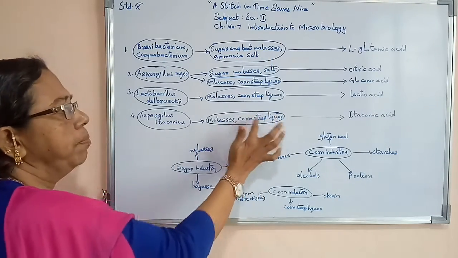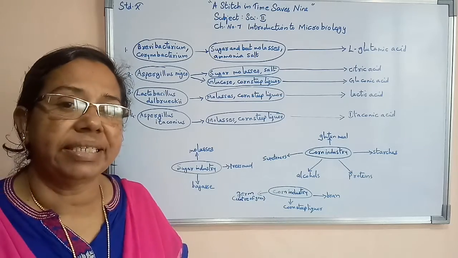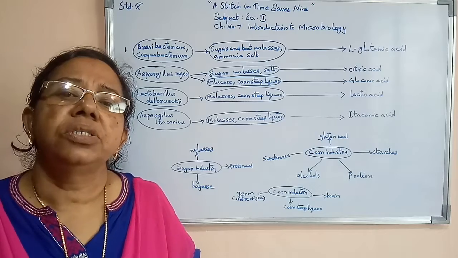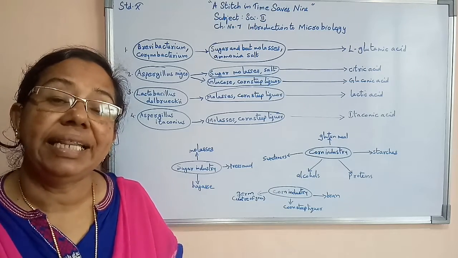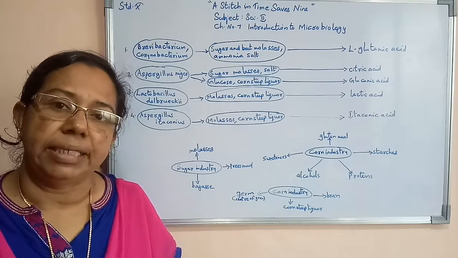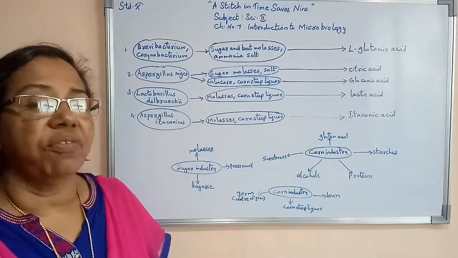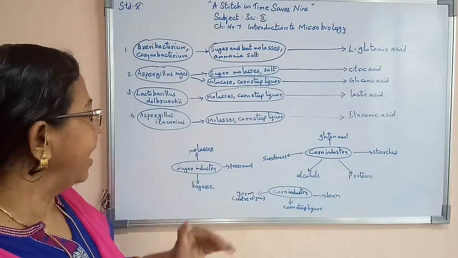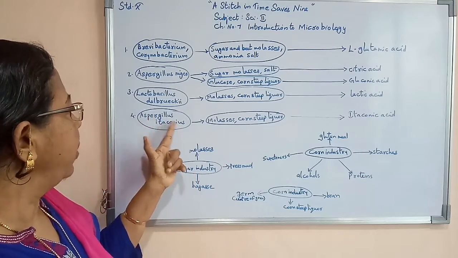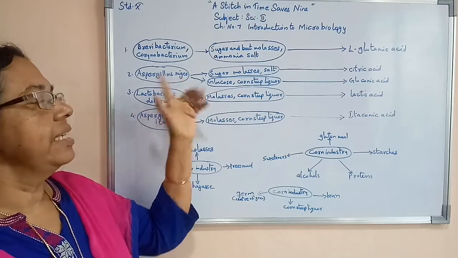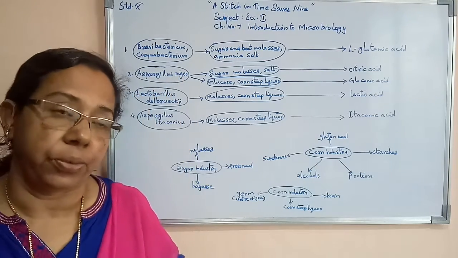It is a byproduct, the waste matter obtained in the sugar industry or the corn industry. So in that, Aspergillus itaconicus, Lactobacillus delbrueckii and Aspergillus niger can all grow.